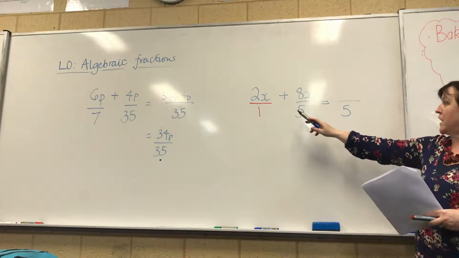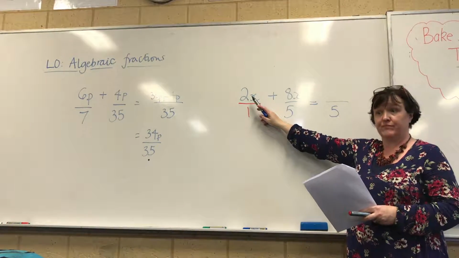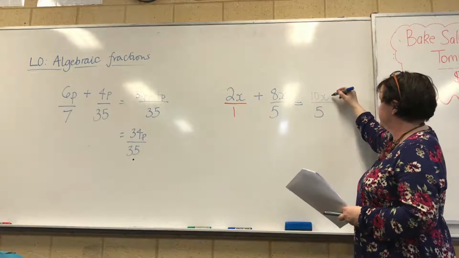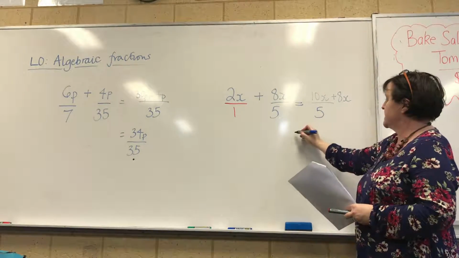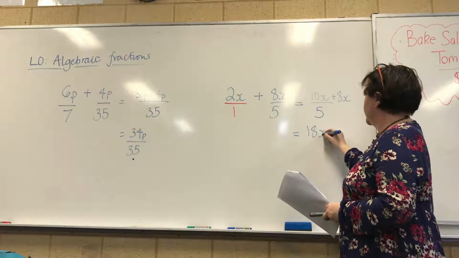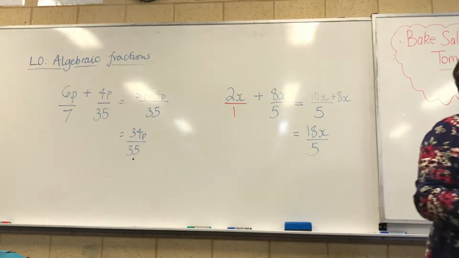Okay, so what will the 2x become? 10x. And the 8x stays the same. So what does that simplify to? 18x over 5, that's right, 18x over 5.